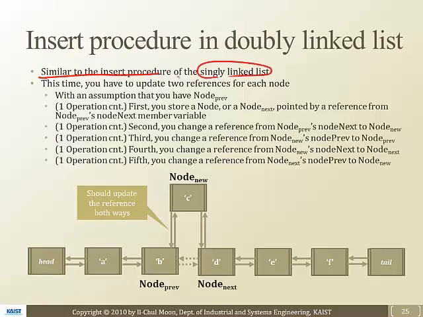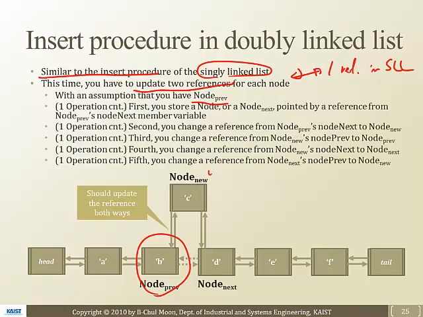This time what you have to do is update two references as opposed to the one reference in the singly linked list. With an assumption that you have this node pref, and you want to add this node new.